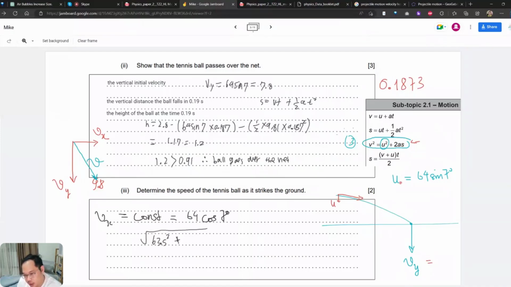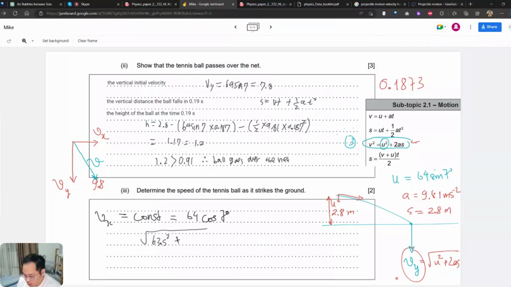That Vy is the square root of u squared plus 2as. Okay, a is 9.81, the free fall acceleration in meters per second squared, and s here is the distance, which is the initial height, 2.8 meters.